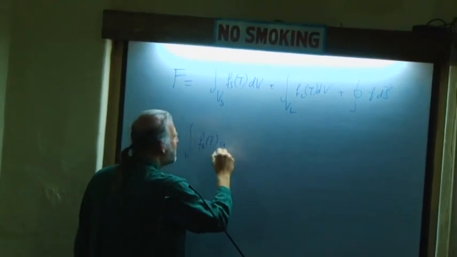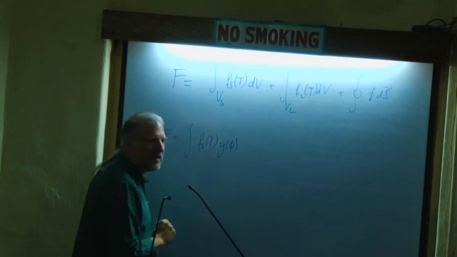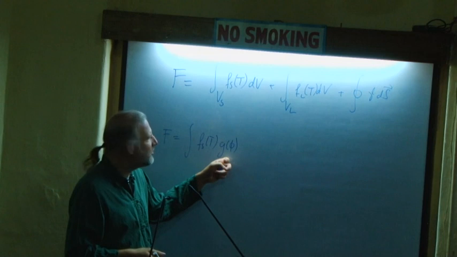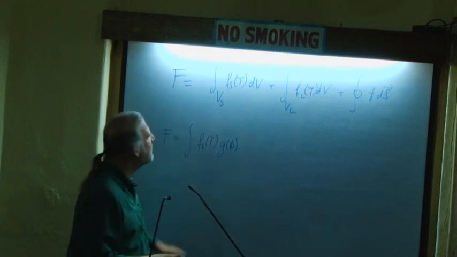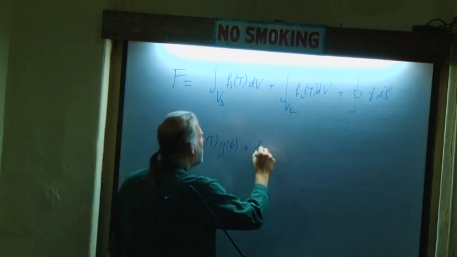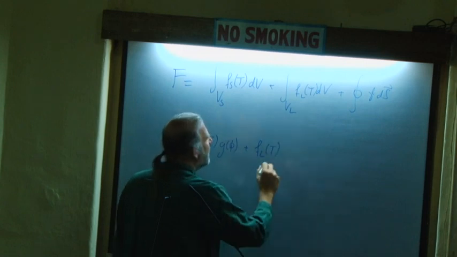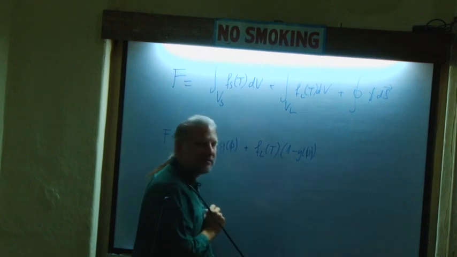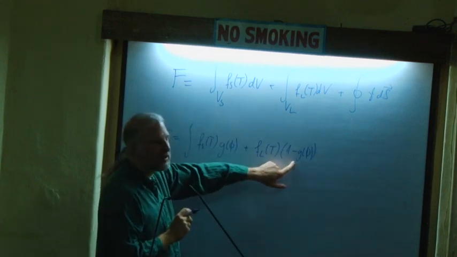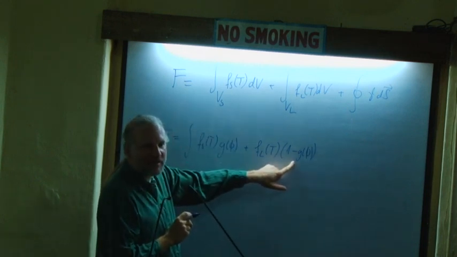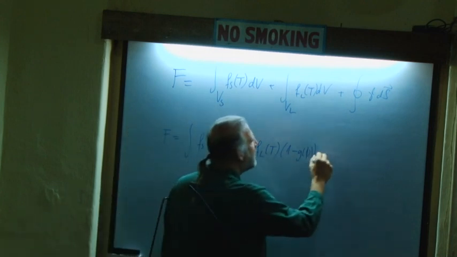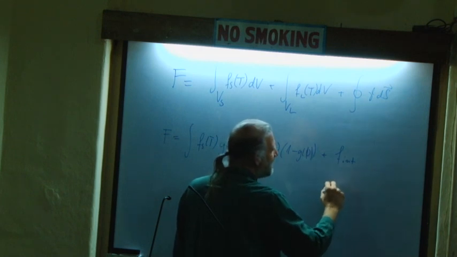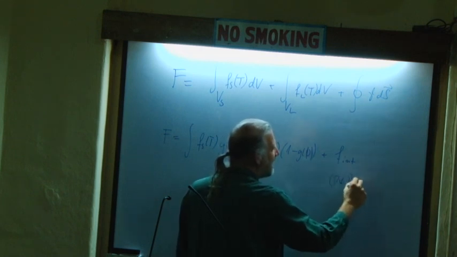So here I put this g of phi, because precisely this is 1 when phi is 1, so in the solid, and it's 0 when phi is 0 in the liquid. Then I add the liquid of t, and here I put 1 minus g of phi. Okay. So it's the same thing. This function is 1 in the liquid domain and 0 in the solid domain. And then here I put this interfacial free energy, which has the gradient of phi squared plus W.